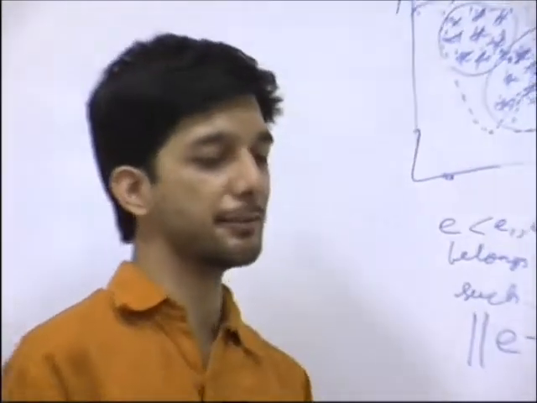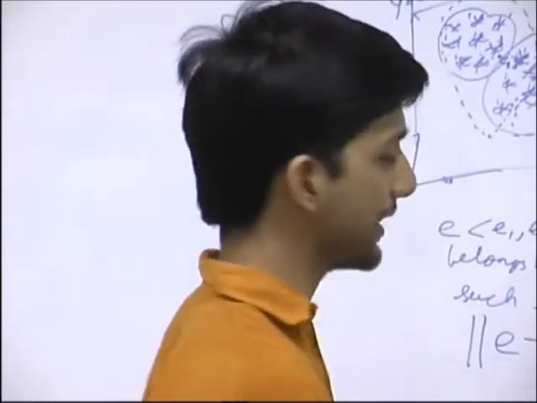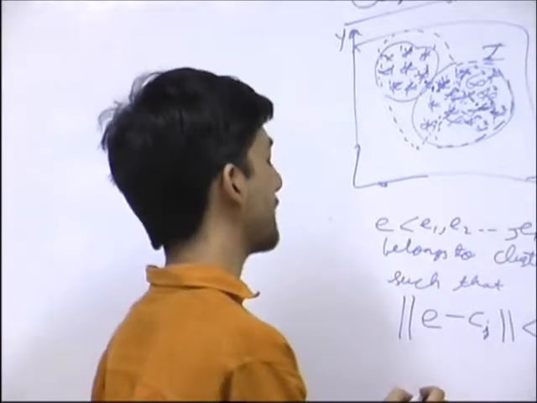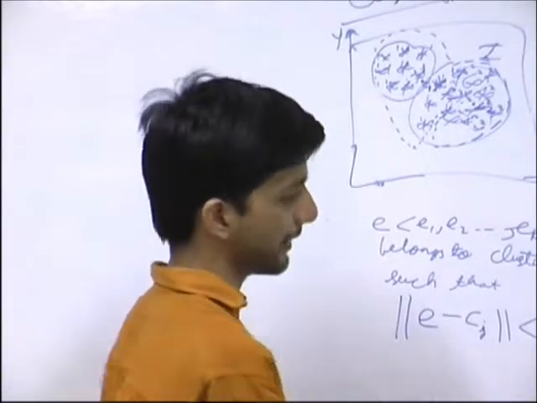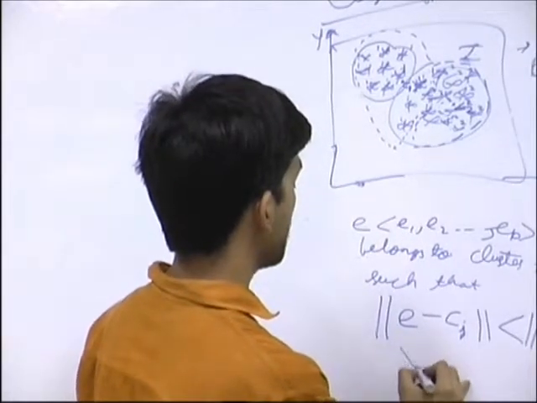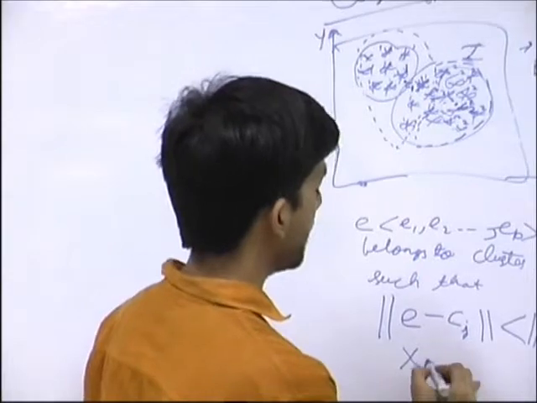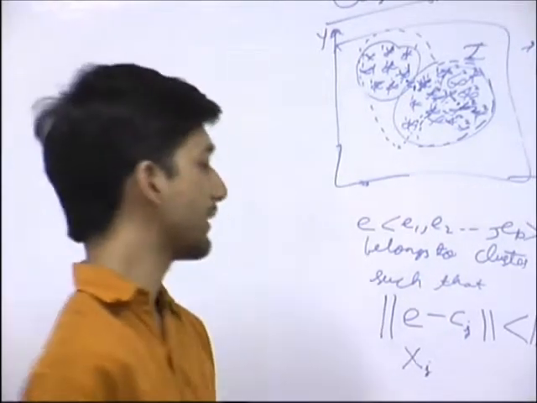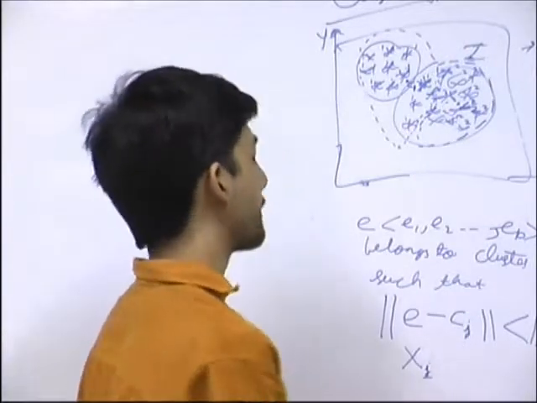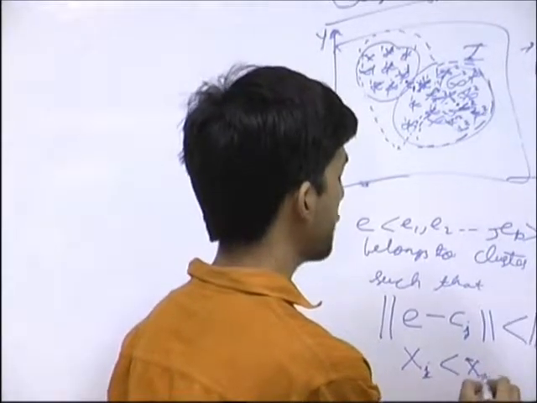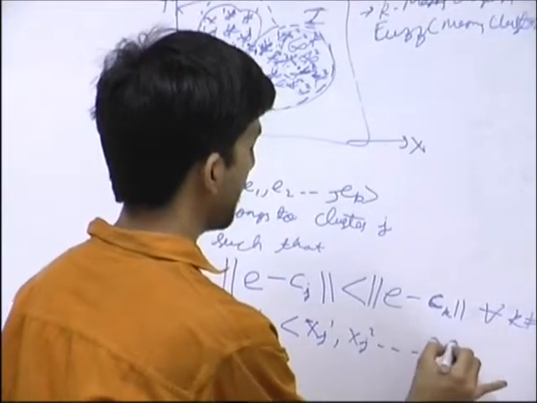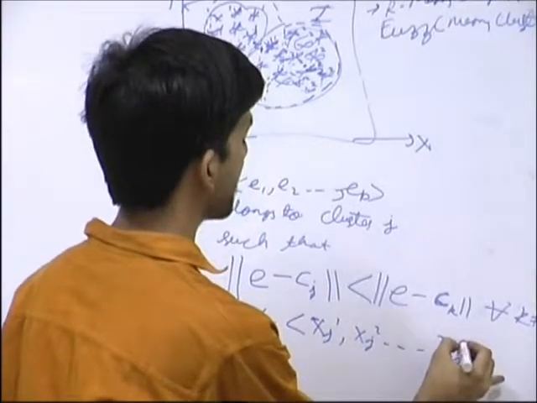Now finding out the arithmetic mean of a set of elements is something that is very trivial in nature. Let me say that xj are the set of elements that belong to the cluster J. Those would be of the form xj1, xj2 and so on up to xjn1, let's say n1 are those which belong to cluster center 1.